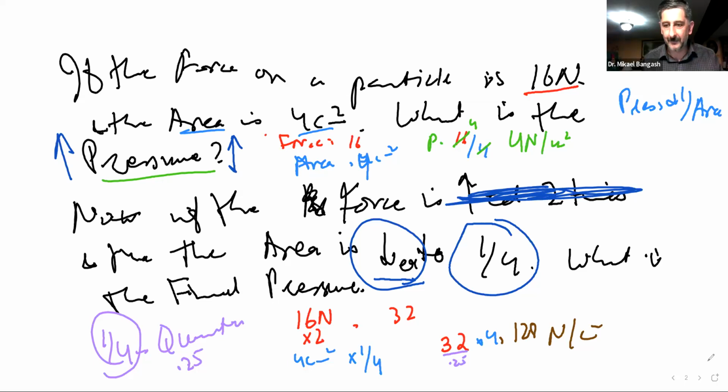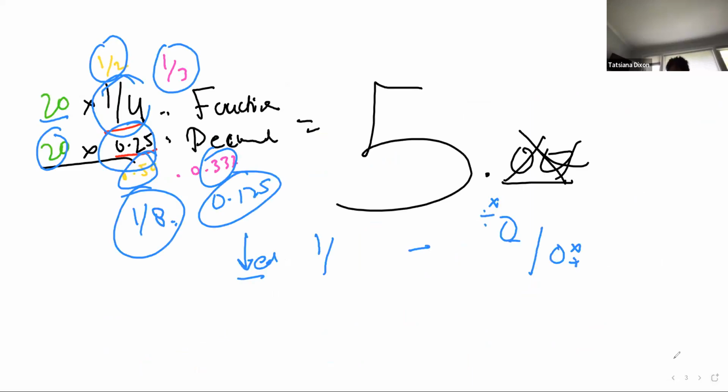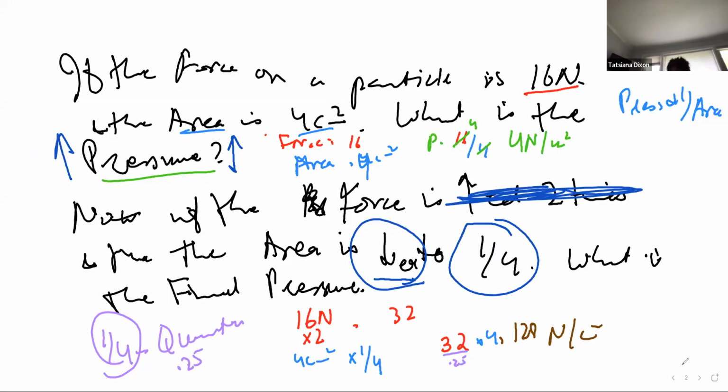No, that's going to be too much, my dear. Let's look. If force increases 2 times, then pressure increases 2 times as well. We found the initial pressure was 4 Newton per centimeter square from the first part of the problem, right?